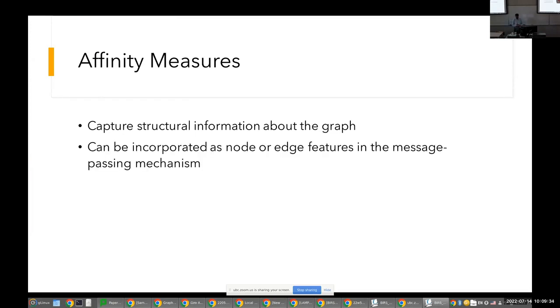The idea is to incorporate these as node or edge features in the message passing mechanism. What we're going to do is compute these affinity measures at the outset using a pre-processing step. Then once you've computed those, you can do the message passing step without much additional overhead.